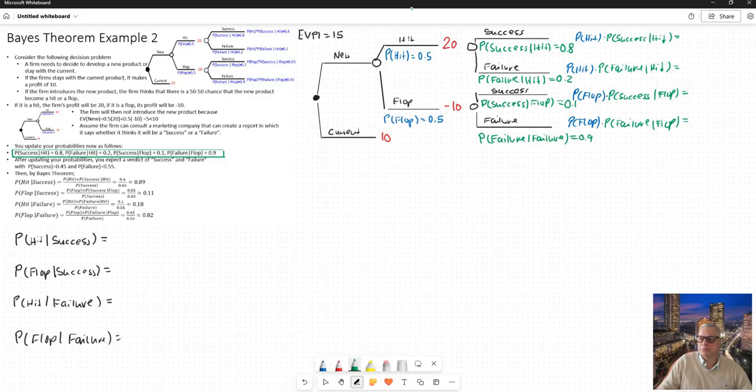So that is multiplied through: 0.5 times 0.8, which is 0.4. The second branch is 0.5 times 0.2, which is 0.1. And here we have 0.5 times 0.1, that's 0.05. And here we have 0.5 times 0.9, which is 0.45.